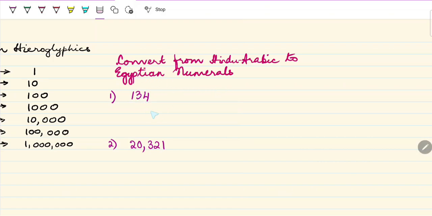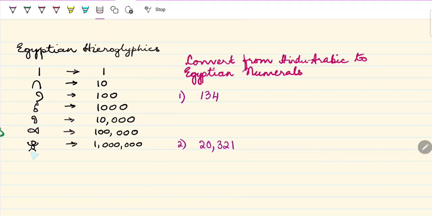So we have been given two values here that I'm going to work through as examples. The first one is 134 in decimals, and the other one is 20,321. So we are going to convert them to Egyptian numerals and write the final answer using these Egyptian numerals.